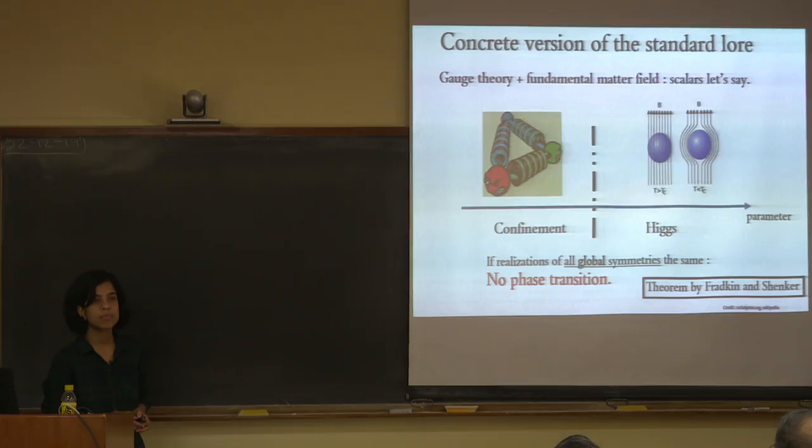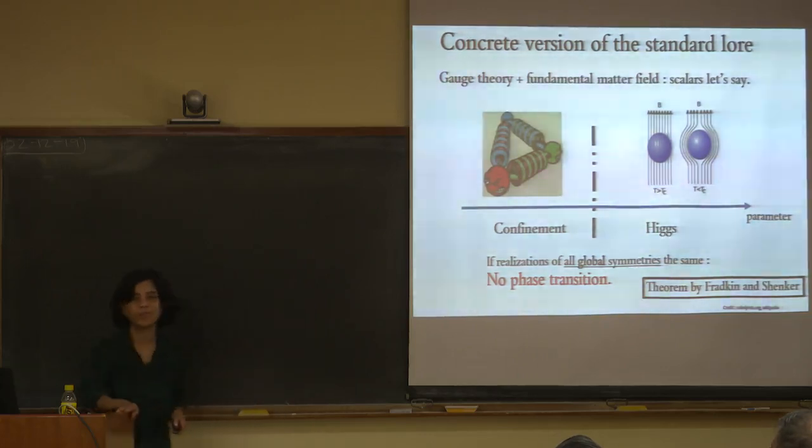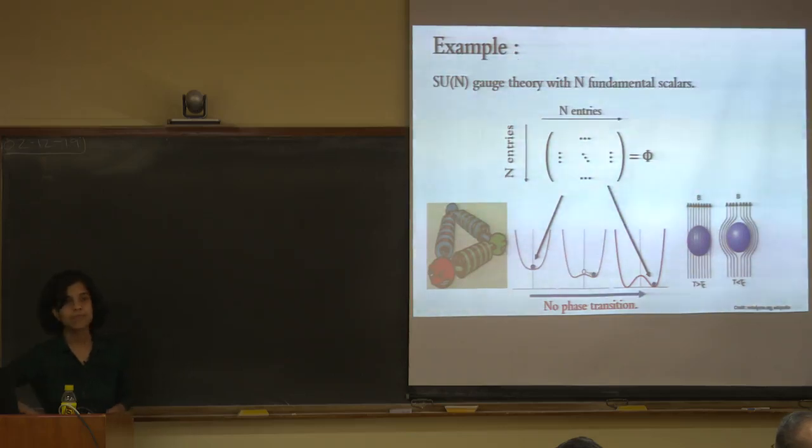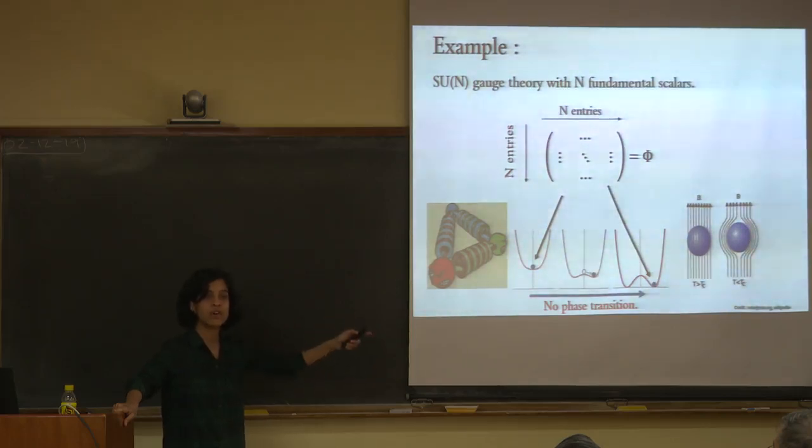When you say realizations are the same, can you give an example of realizations not being the same? Yes, I will do one by one. I just wanted to know the language. What do you mean by realizations being the same? What I mean is that there is no global symmetry which is spontaneously broken on one side, on the Higgs side, let's say, and not broken on the other side.